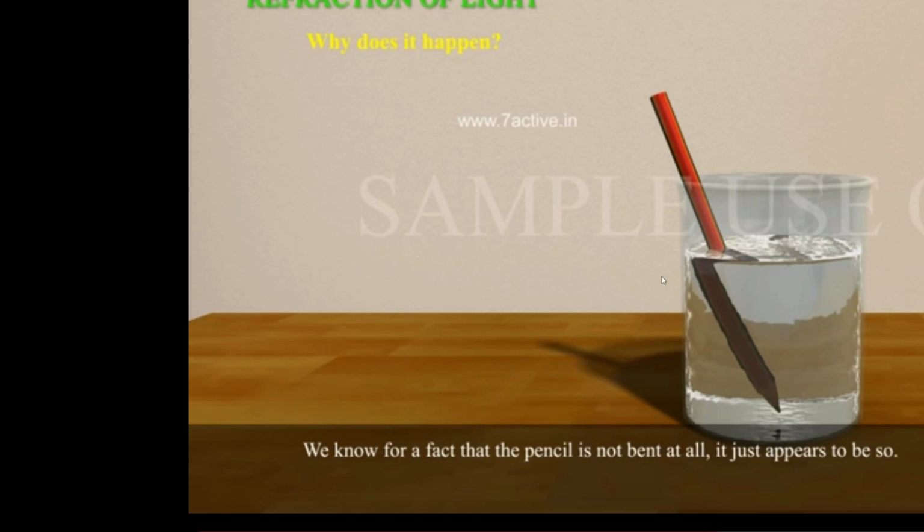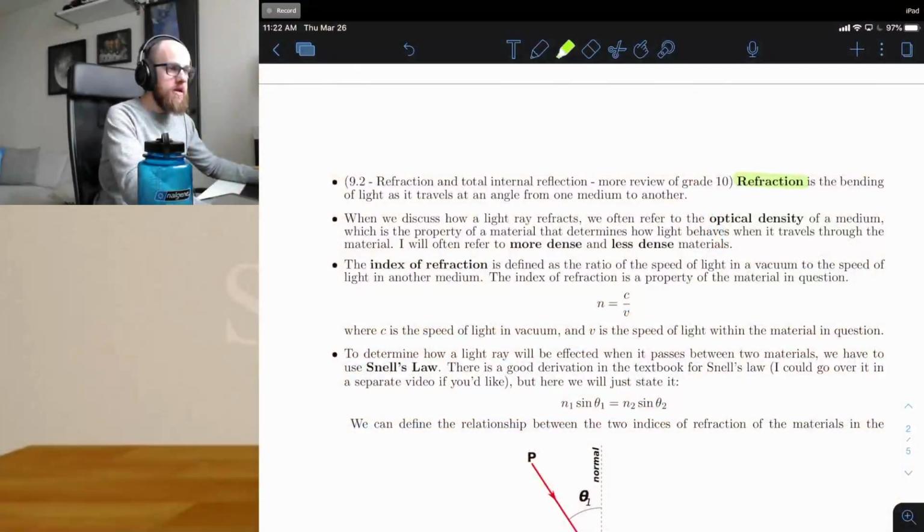That's because it looks like it's bent. Obviously, the pencil is not actually bent because when you take it out of the water, it's perfectly fine again. What's happening here is the reflected light rays off the pencil are traveling at different speeds in the air and in the water, okay? And it's that effect, that refraction, that makes it appear as though it's bent, okay? And so refraction is all about describing this kind of phenomenon, all right? So let's get back to this.